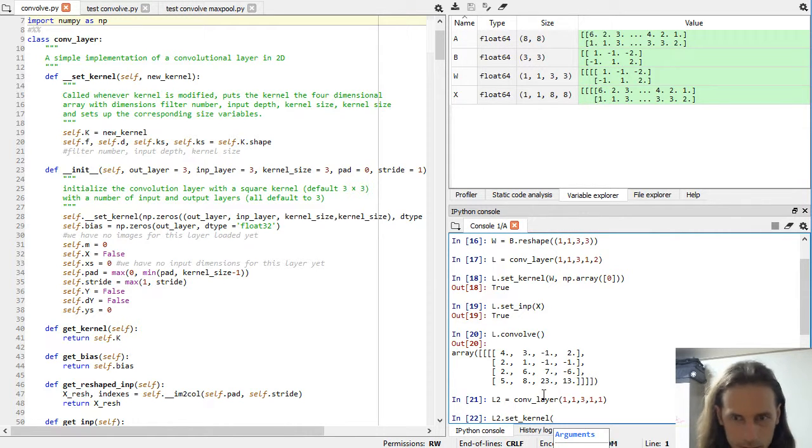To set the kernel, it's going to be W and np.array with only 1 and 0 in that array.